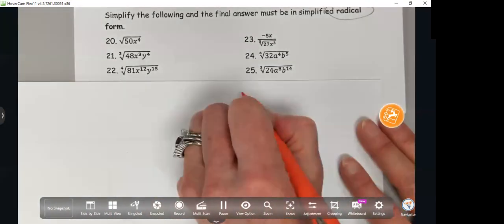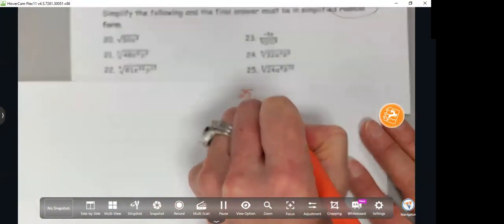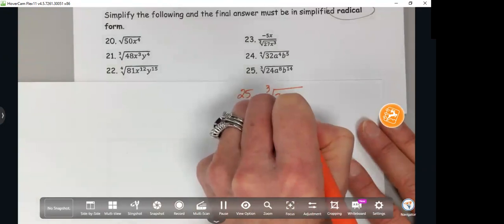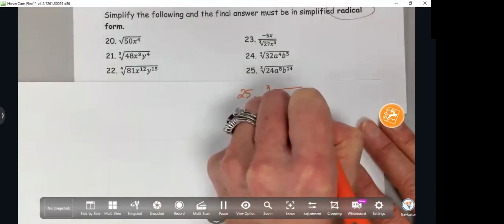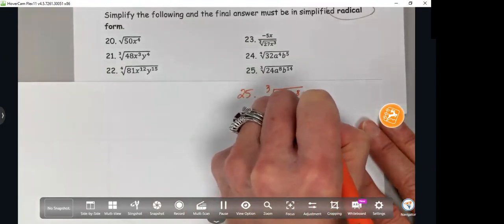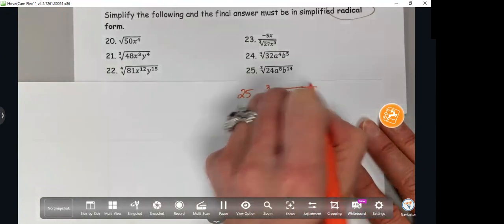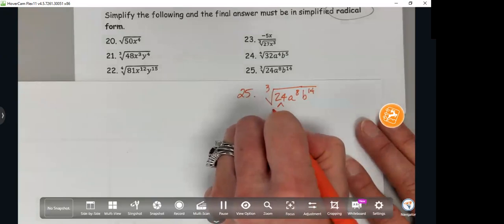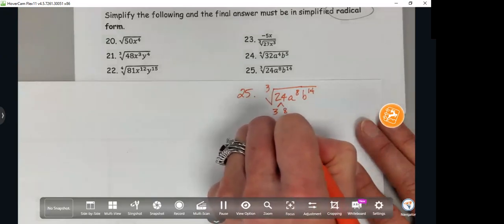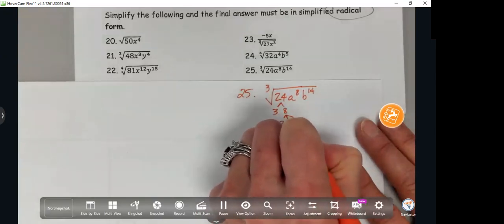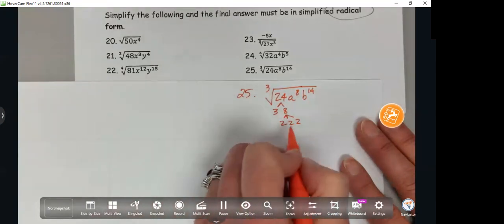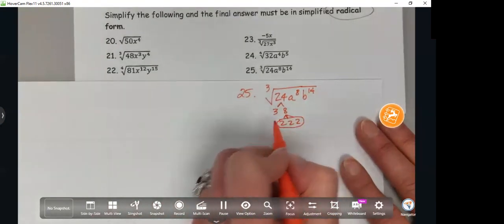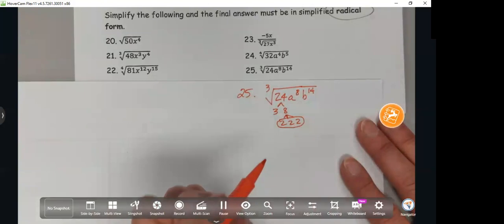25. Cube root of 24, a to the 8th, b to the 14th. What multiplies to give us 24? 3 and 8. And the reason why I picked that is because I know 8 is a perfect cube. Won't matter if you pick 4 and 6, 2 and 12, eventually you'll get to 3 times 2 times 2 times 2.